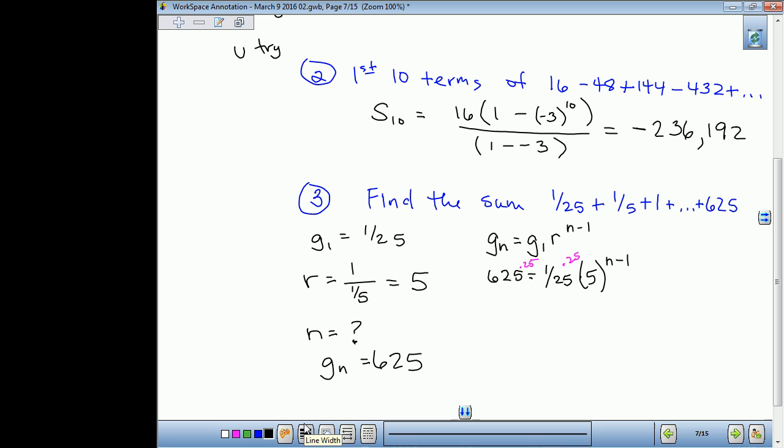And we would get 15,625. We're solving for an exponent. So we take a log, unless you know what power to raise 5 to get 15,625.